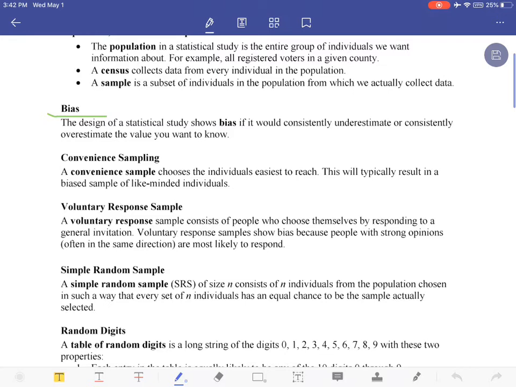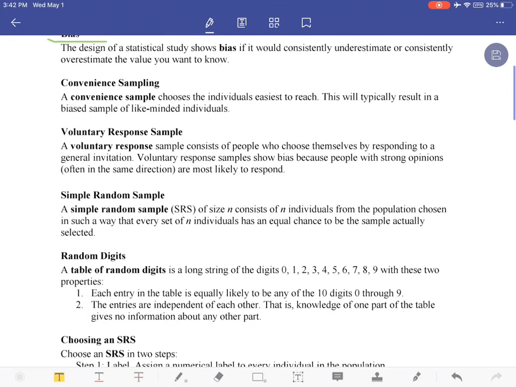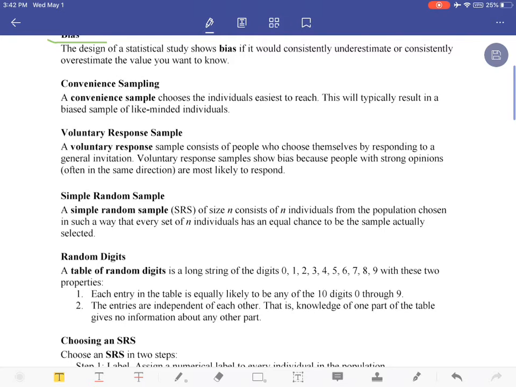So now let's go on and talk about the different types of sampling. So remember, a convenient sample is when we have a sample that we just take that's convenient to us, right? So if I wanted to do a convenient sample and survey students at Cane Ridge, if I surveyed the first 50 students that walked across me in the hallway, then that would be a convenient sample.